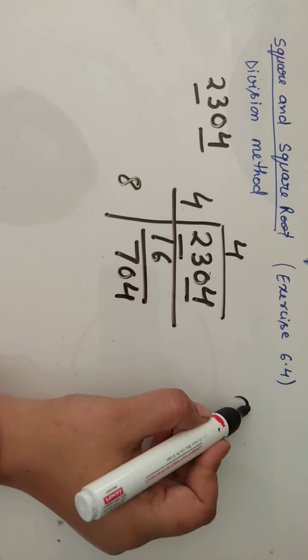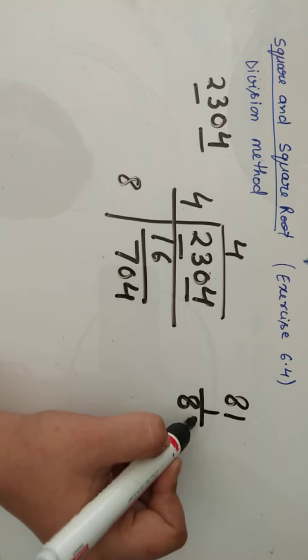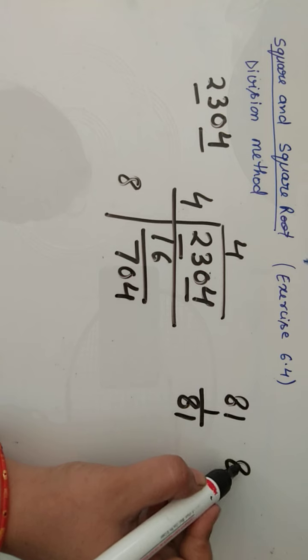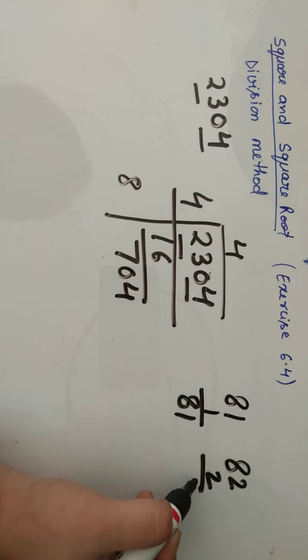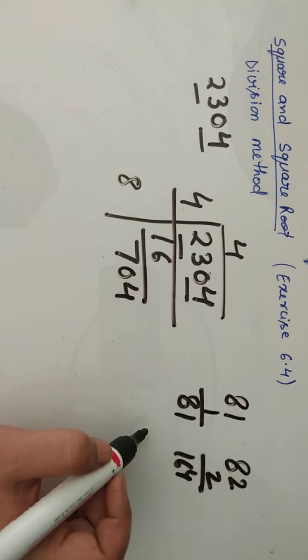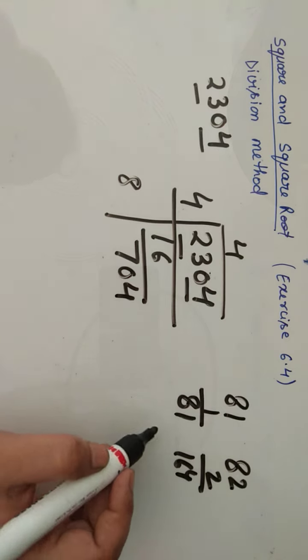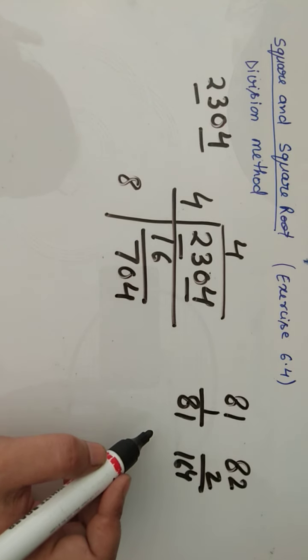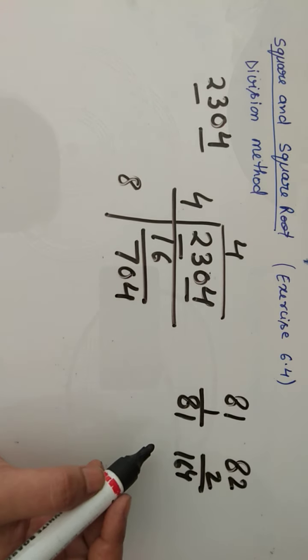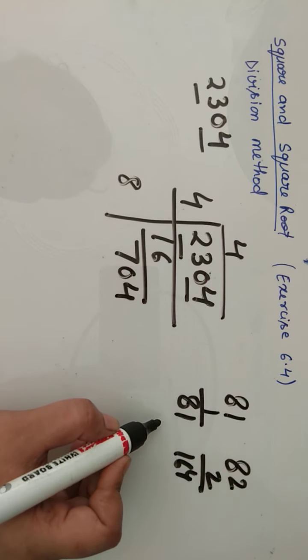For example, if after 8 you take 1, you will multiply by 1, 81. If you take 2, you will multiply by 2. So the same we will follow. We will check which number will satisfy it.